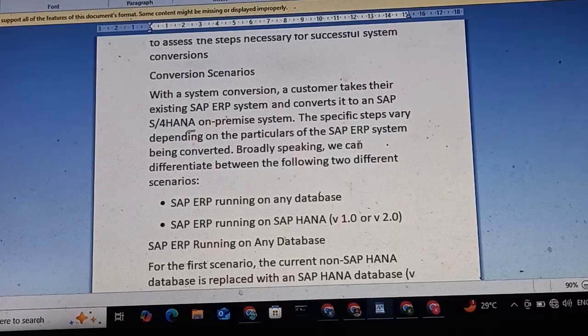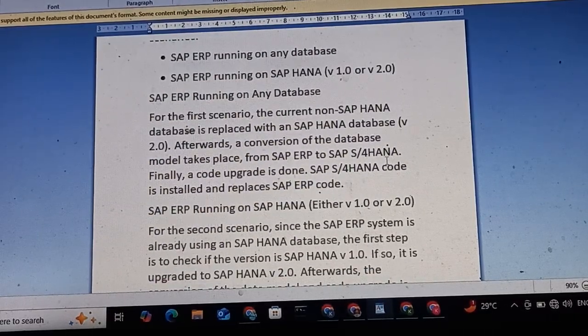Let's discuss scenario number 1: SAP ERP running on any database. For the first scenario, the current non-SAP S/4HANA database is replaced totally with the SAP S/4HANA database version 2.0, directly from non-SAP S/4HANA 1.0 or 2.0.